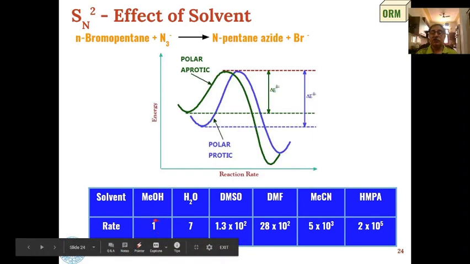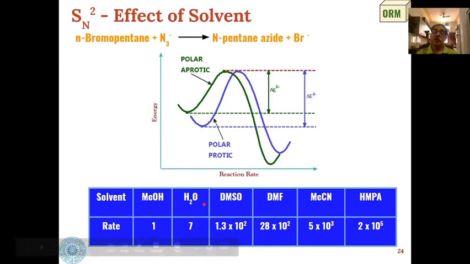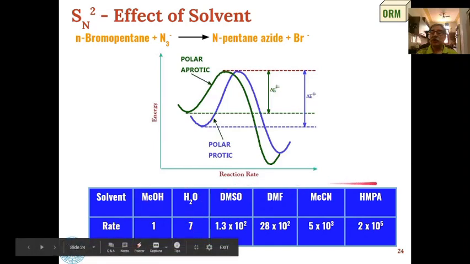But as we change from polar protic to polar aprotic solvents, we can see the rate of reaction increases many times. So here it is 7, here it is 1300, in case of DMSO it is 130, whereas here it is 2800 times better than methanol.